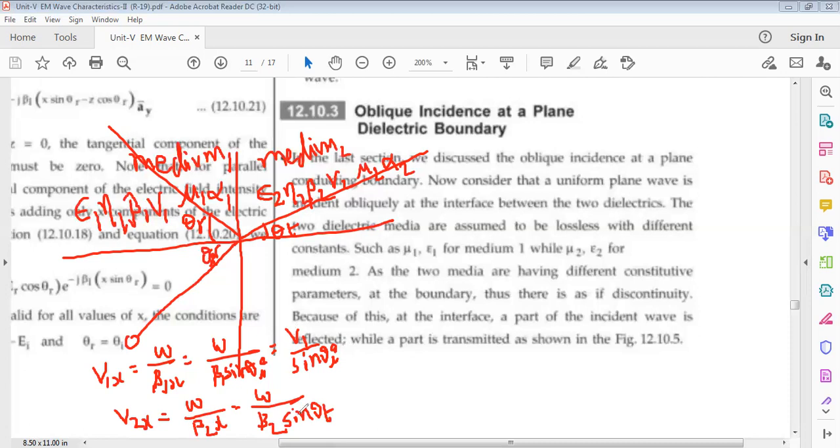It becomes v2 by sine theta. If both velocities are equal.